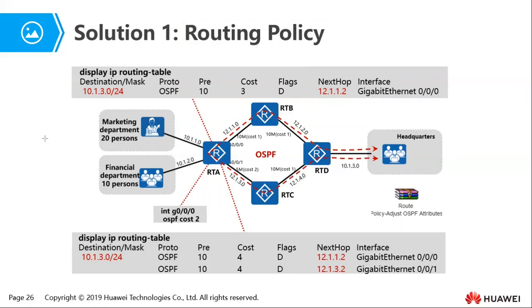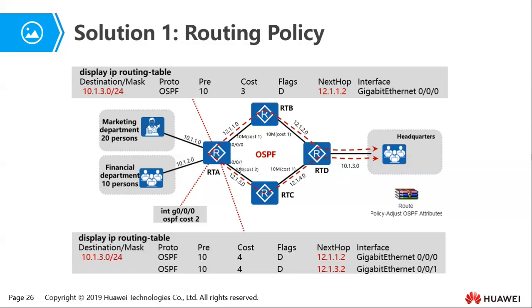Now, let's look at this here. We can see that this path is better in terms of cost, because it has a cost of 1, so total 2.